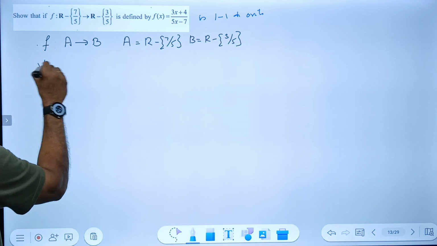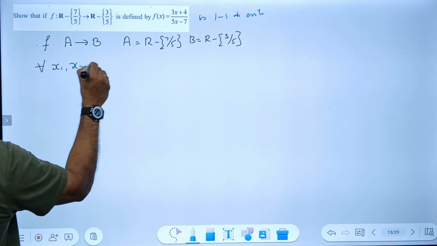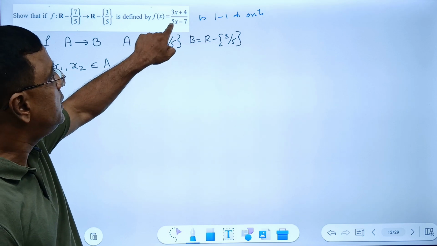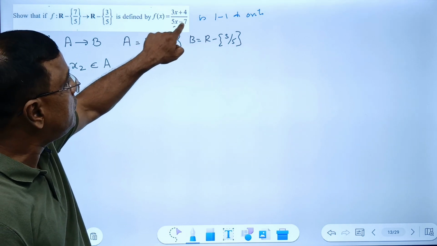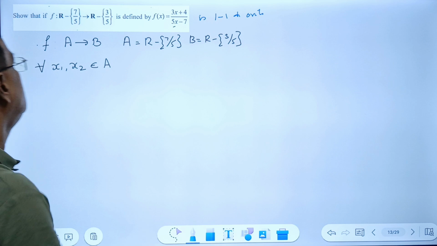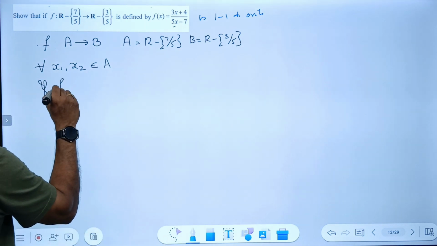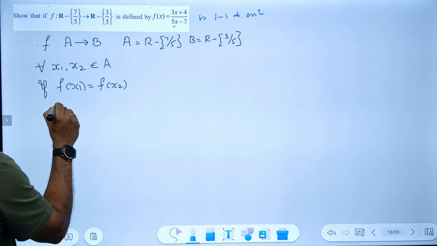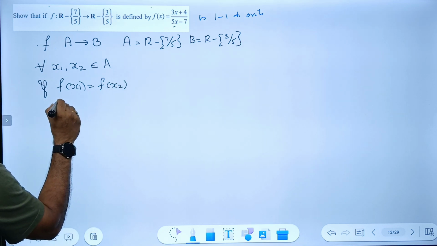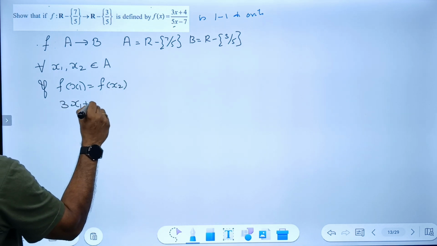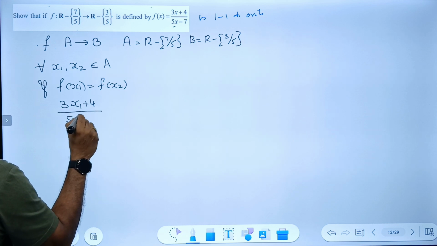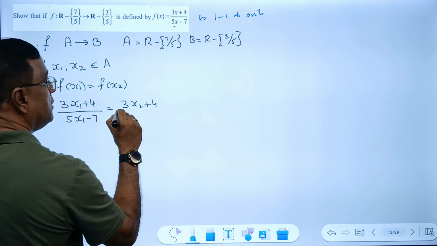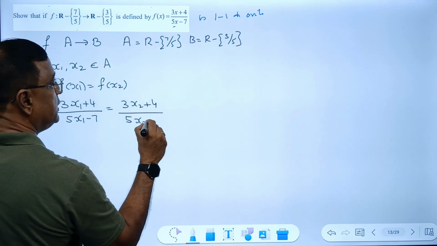Now for every x1, x2 belongs to A. Clearly this function is well defined because 7 by 5 is a problem, but that is removed. If f of x1 equal to f of x2, I get 3x1 plus 4 by 5x1 minus 7 equal to 3x2 plus 4 by 5x2 minus 7.